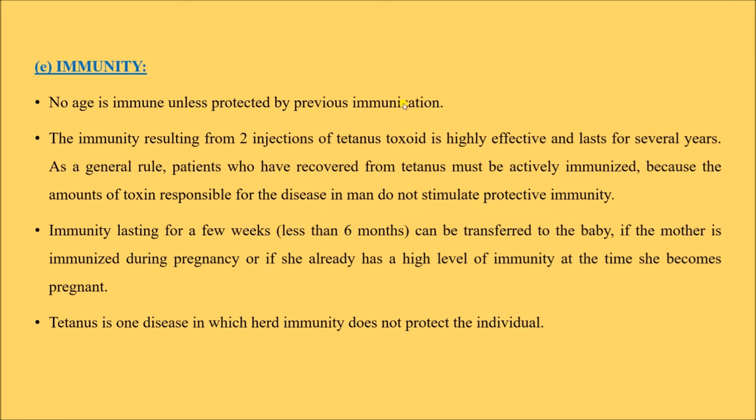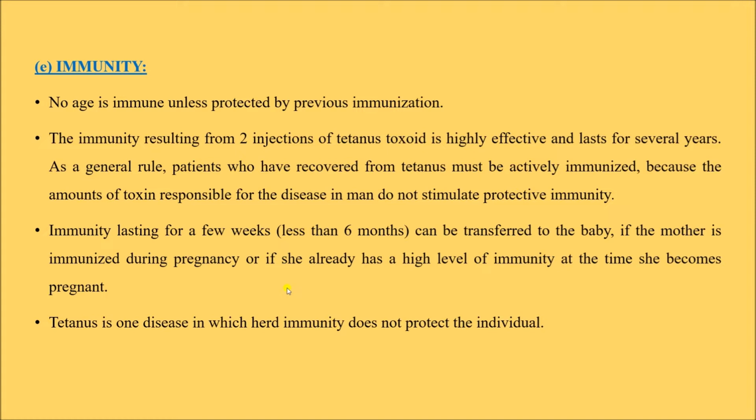Immunity: unless protected by previous immunization, no age is immune. After receiving 2 injections of tetanus toxoid, the person is protected for several years, but remember, it is not lifelong protection.